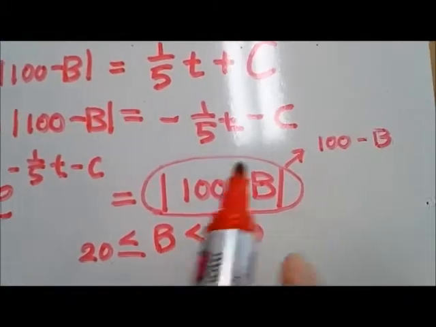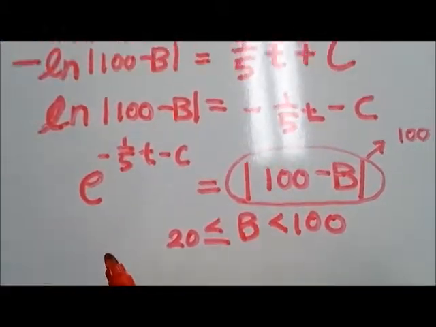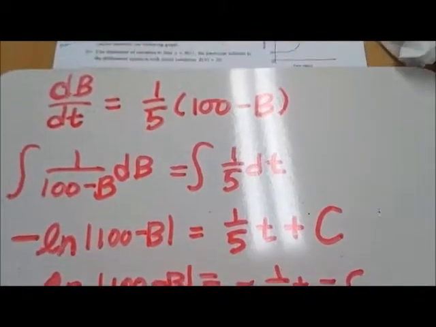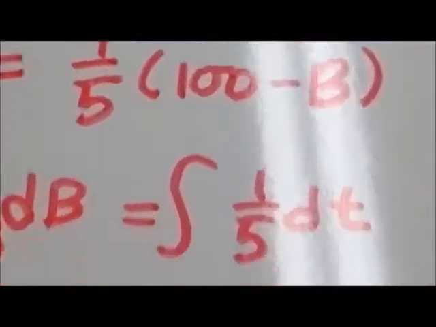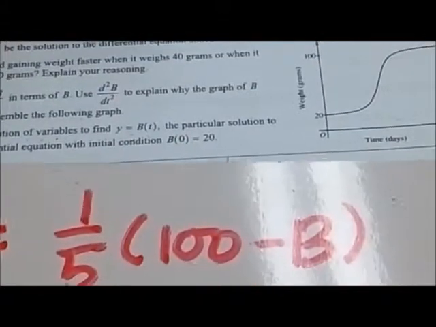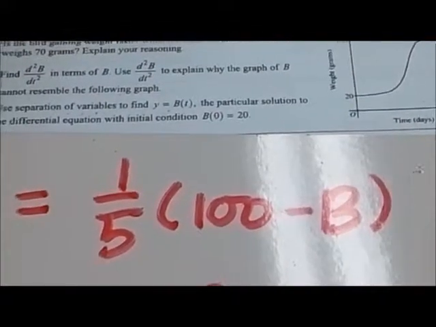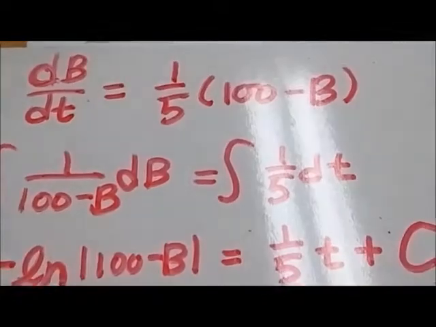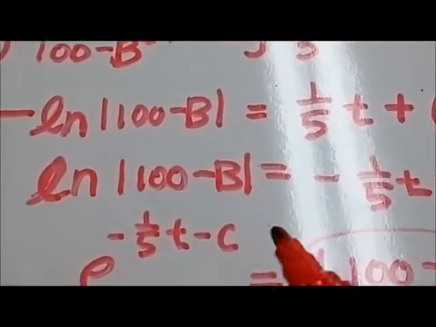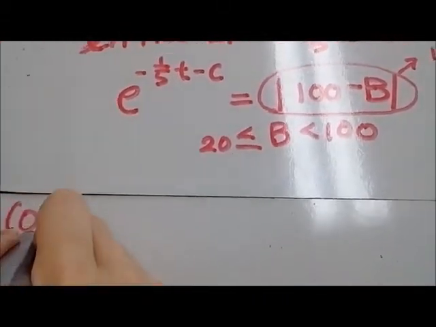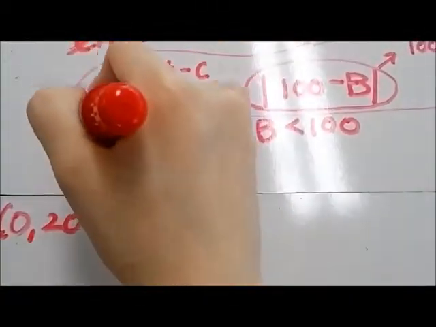Now, it is time for us to plug in the initial condition and make use of it. The initial condition is b of 0 equals 20, which means that this whole differential equation that has come down to this, we can plug in 0, 20 into this equation to come up with what c is.